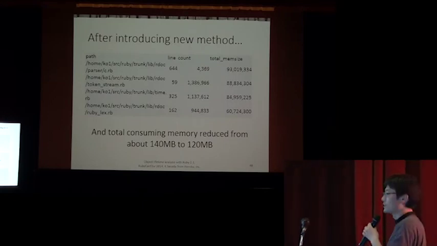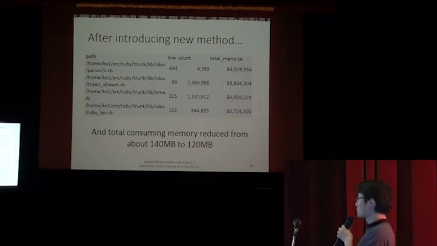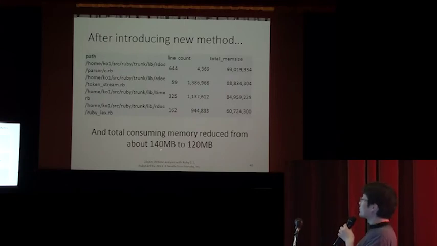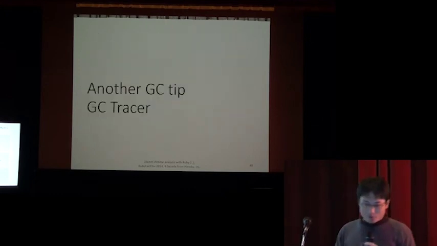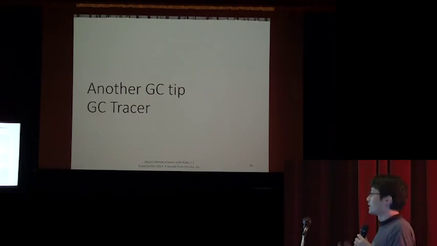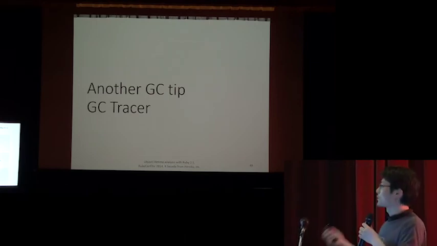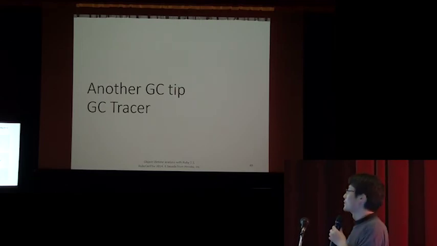So we can tune the program of RDoc. And also memory consumption was reduced from this one to this one. So I prepared another topic, another tip about garbage collection. I will also make a GC tracer, but there is no time, so I will skip this one.